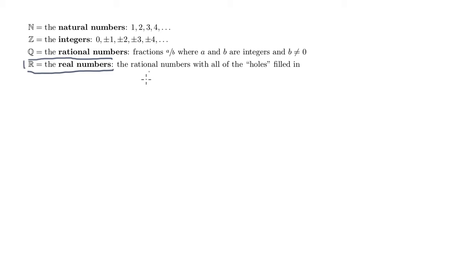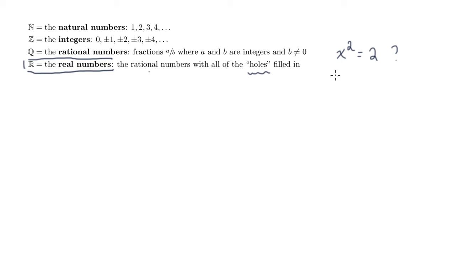And I'm not going to spend a lot of time saying much about that. If you take a class in advanced calculus, or analysis is what it's called, then you'll talk a lot more about how the real numbers are basically defined from the rational numbers. And so I guess the only thing I'll say is, what do I mean here by holes? Well, it turns out that there are holes in the rational numbers. So in other words, if I think about, is there a real number x such that when I square it, so I multiply it by itself, I get 2?